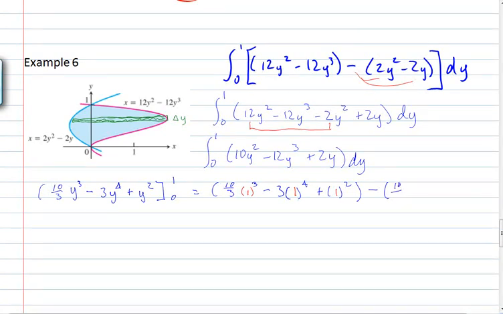So we have 10 thirds times y to the third minus 3y to the fourth plus y squared, and in place of our lower bound, we plug in 0.